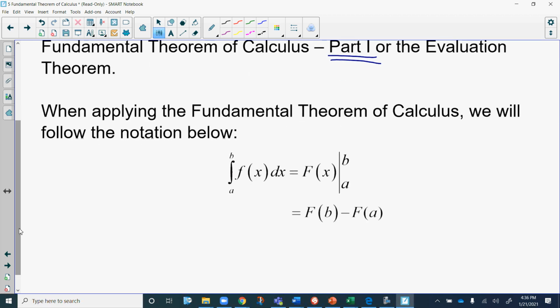So here at the bottom, we kind of see a different way of writing it, where the two things on the right side are the same idea. This bit here is just a different way of showing you what we're going to be taking the difference of.